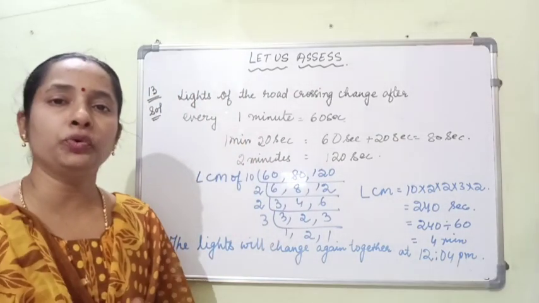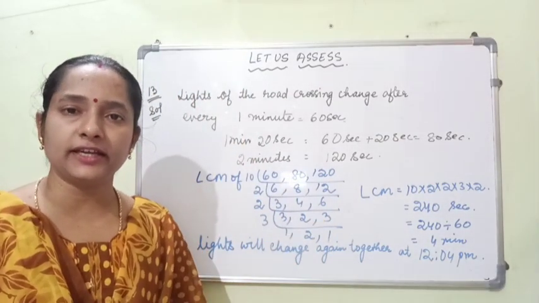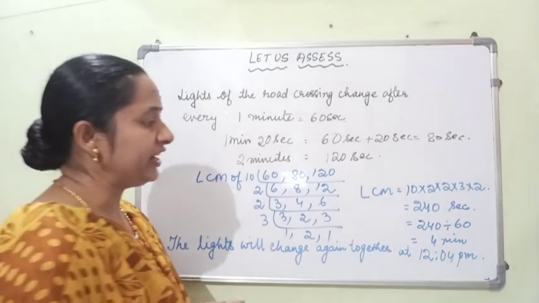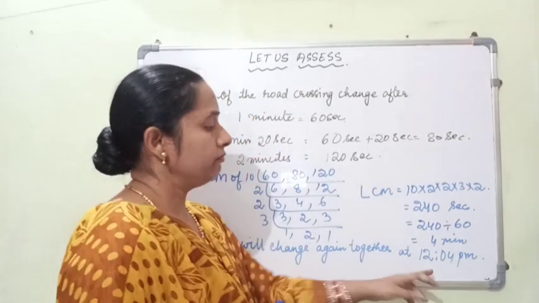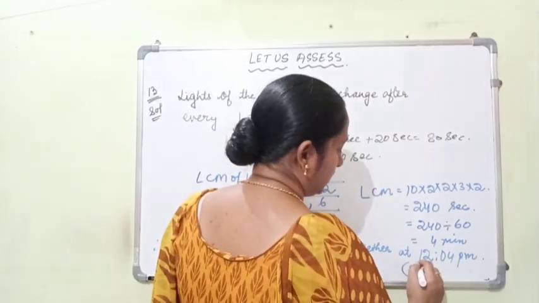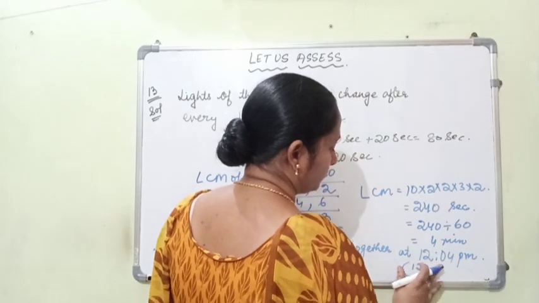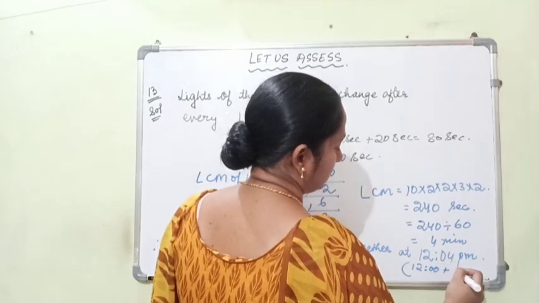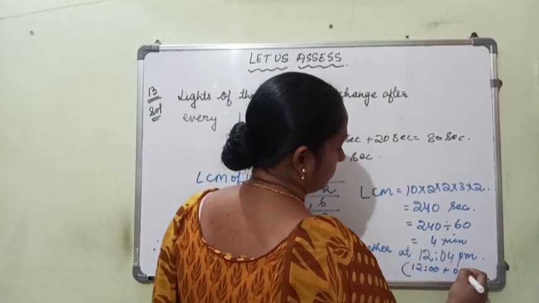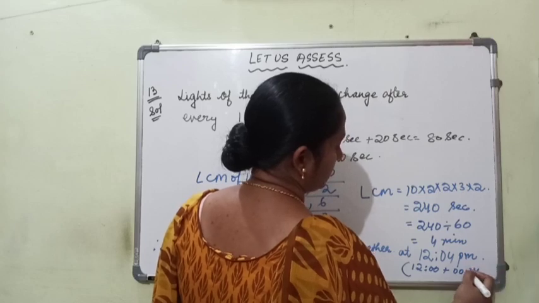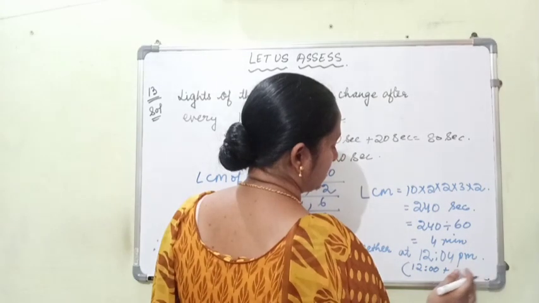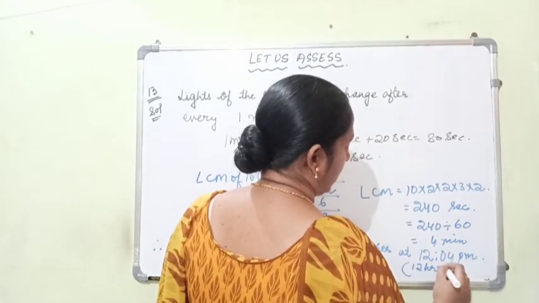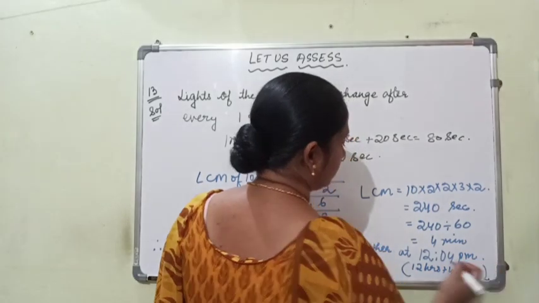Because after 12 noon, whatever the time is, it will be considered as post meridian, so it will be in PM. Okay, how did you get this one? That is 12 noon plus 0:04 minutes. So 12 hours plus 4 minutes.